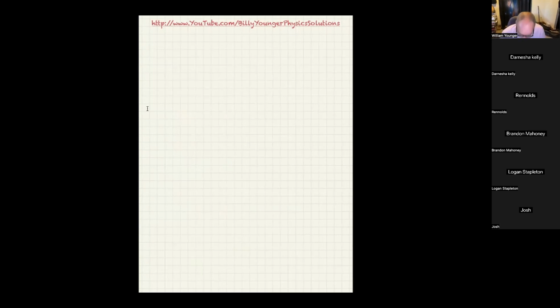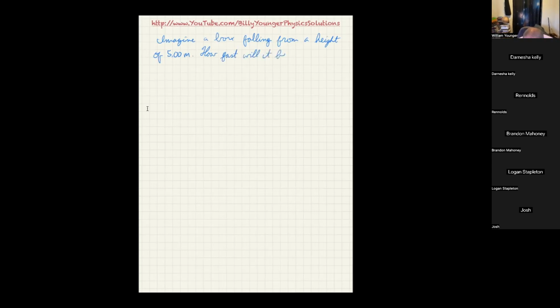So let's imagine a box falling from a height of 5.00 meters.